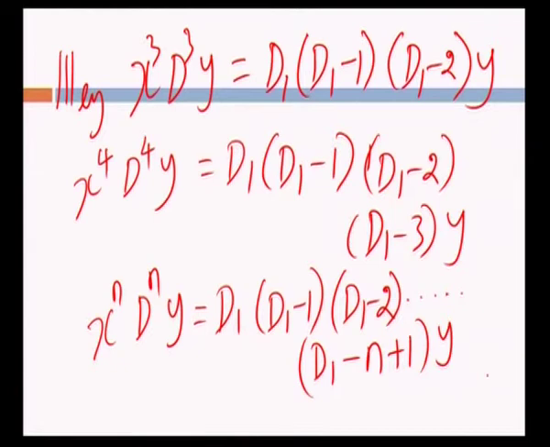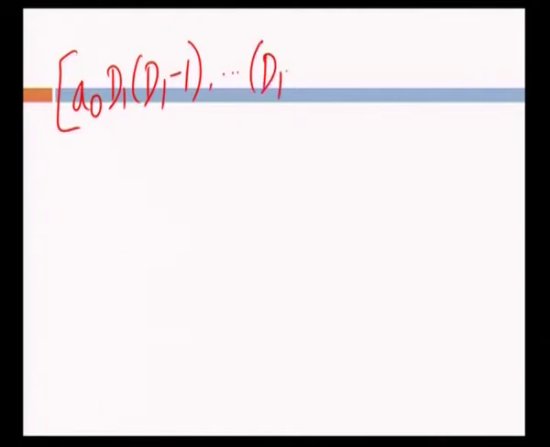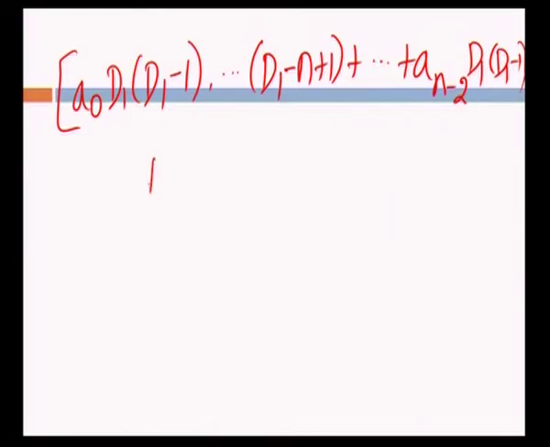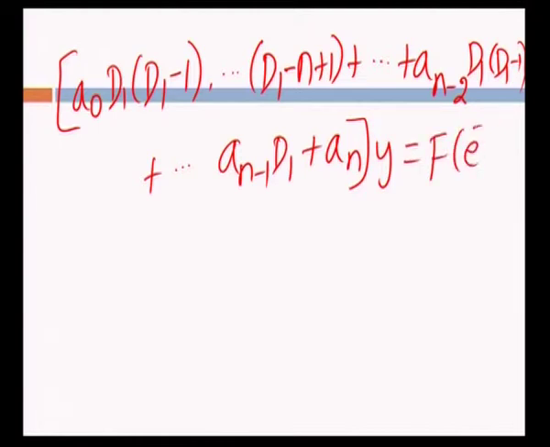So, till this you got. Substituting the above values of xD, then x square D square y, then x cube D cube y in equation 1, we get a0 D1 into D1 minus 1 etc. then D1 minus n plus 1, plus etc., plus a suffix n minus 2 into D1 into D1 minus 1, plus etc., a suffix n minus 1 D1 plus an into y is equal to f of e power z.